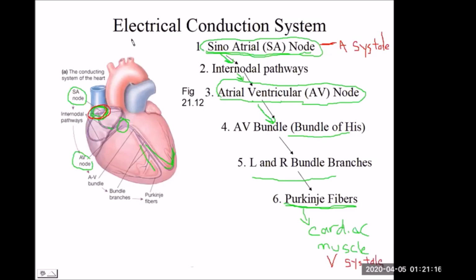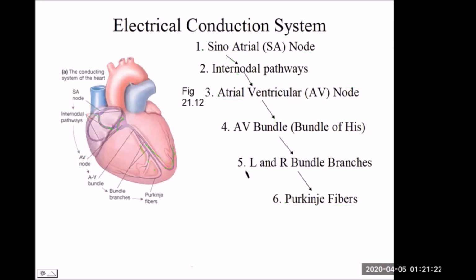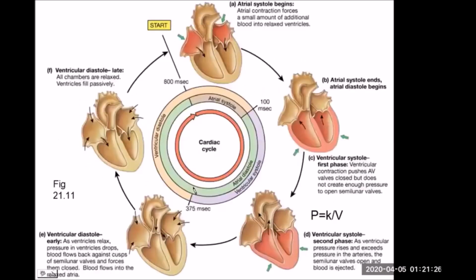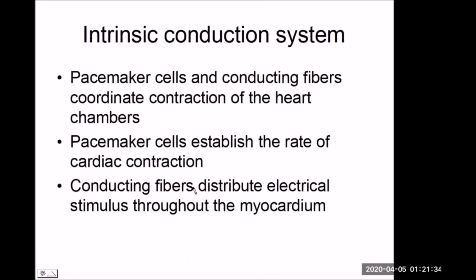So again, it's this intrinsic conduction system, this anatomy, that of course dictates the physiology seen here in the cardiac cycle. And the figure shows that really well. And here it was just being described in the text.